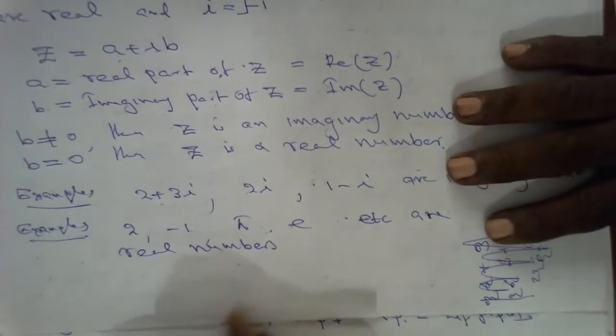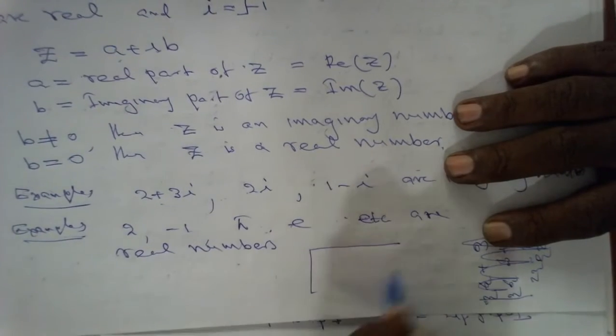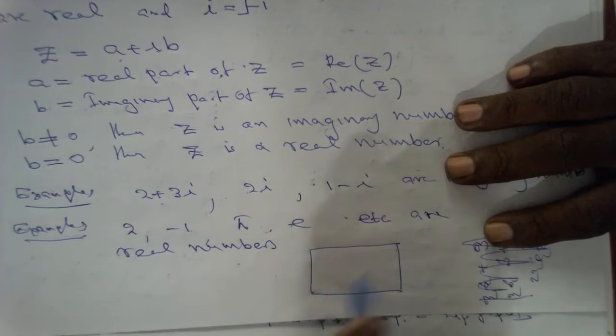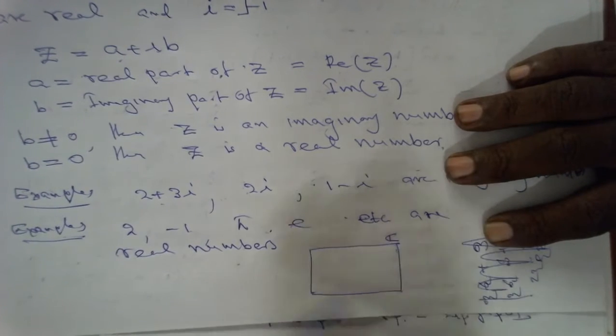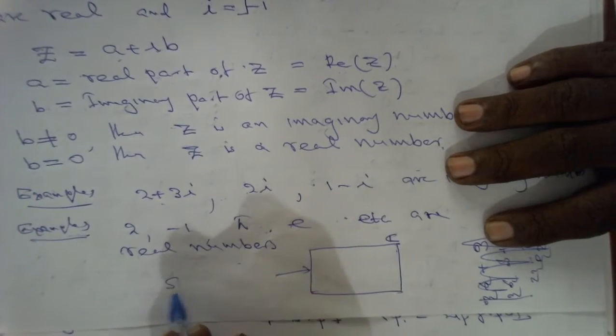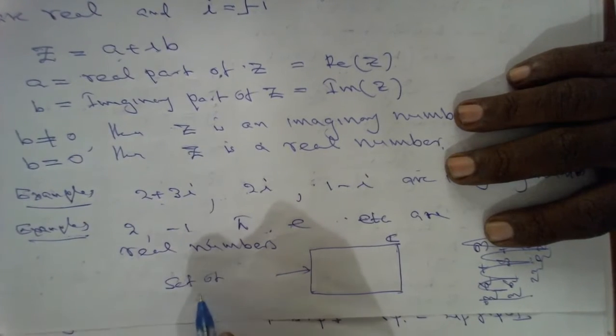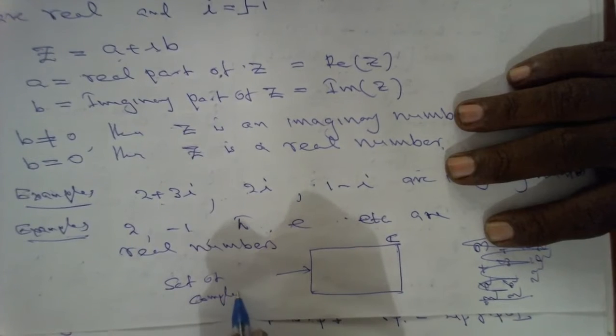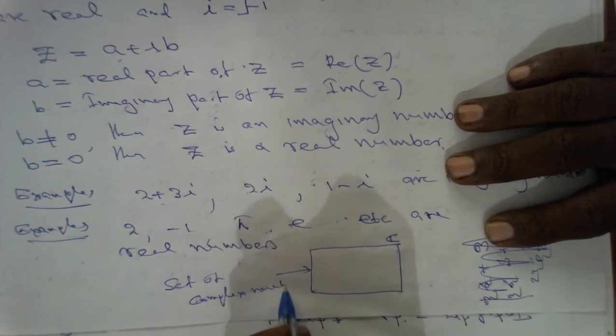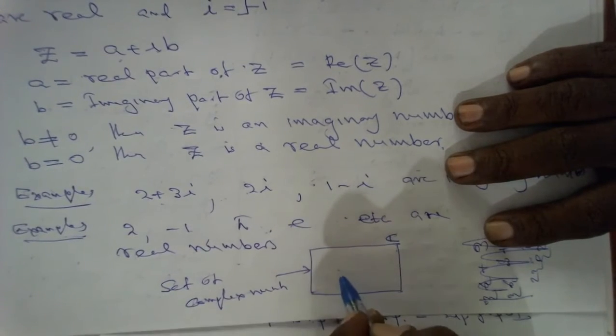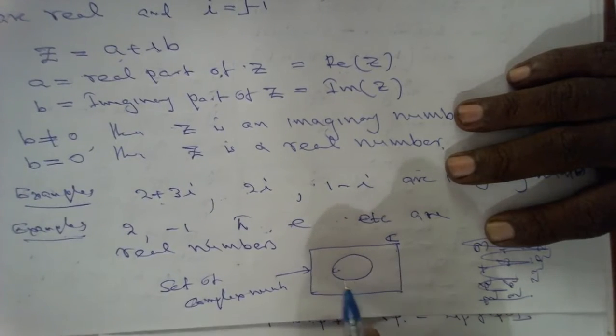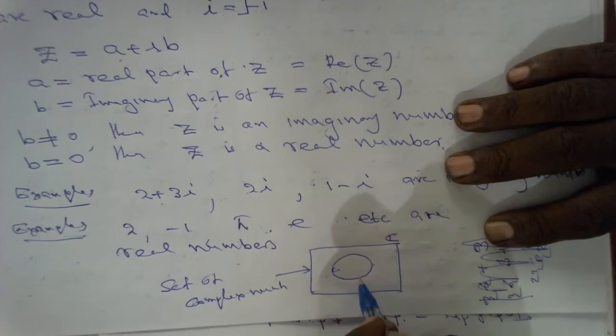Now if you take this complex number set, the set of complex numbers, then the real number set is a subset of this.